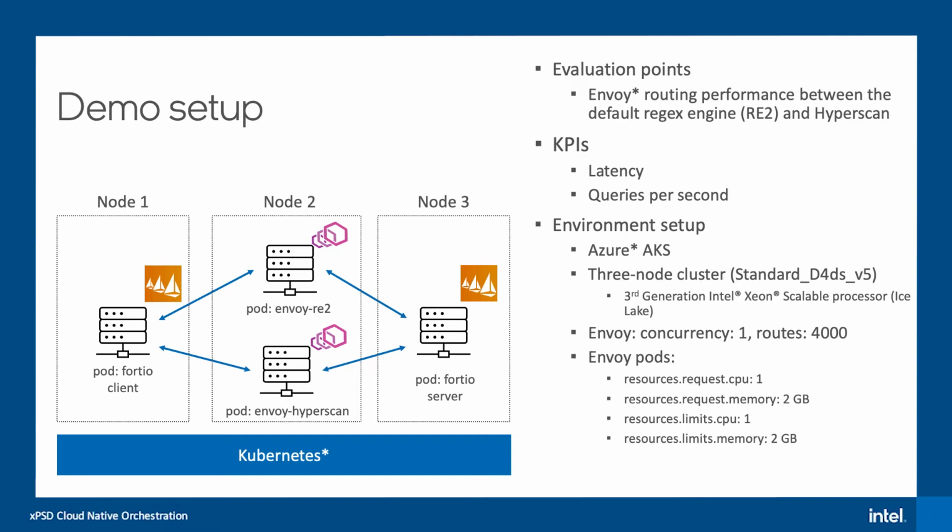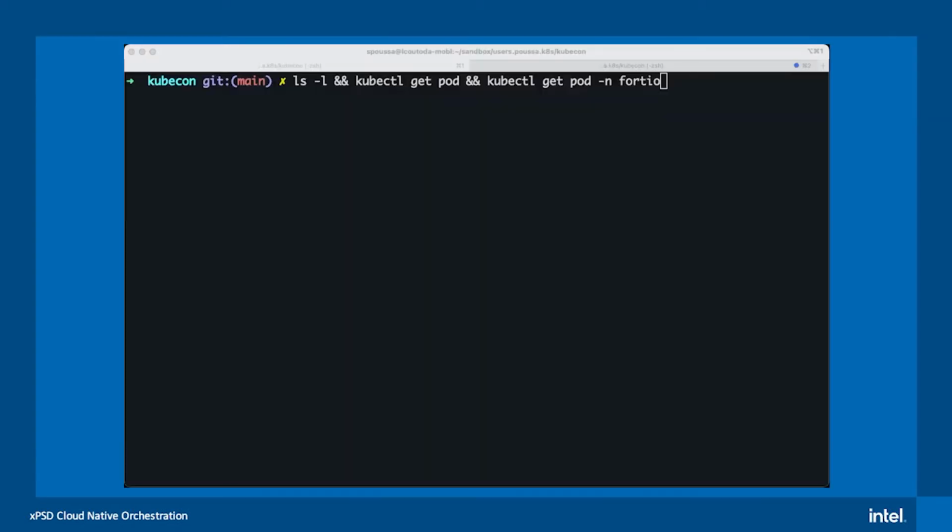We use the Fortio client to measure the latency and the QPS numbers. We have 2 pods for Envoys, each having 4,000 routes. One Envoy is configured to use the default RE2 library. The other one is configured to use the Hyperscan library. We first measure the Envoy with RE2 and then Envoy with Hyperscan. Also, the Envoy pods are configured so that they can only use a single CPU and 2 gigabytes of memory.